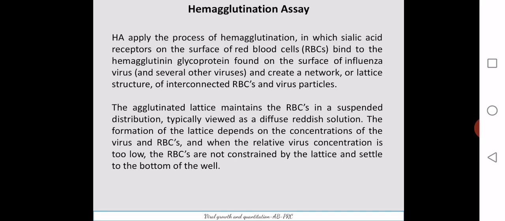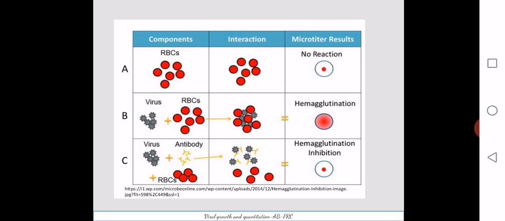Just like in the Widal test, how we detect a titer, here also you can detect a titer. A titer means the concentration of the virus up to which you can see a visible agglutination. This will give you an idea about that. If you have virus and RBCs, as in image B, you can see an agglutination. You can also go for an indirect method, that is the hemagglutination inhibition assay, in which the virus is given and also the viral specific antibody is given, and you observe for no agglutination. So in that case also you can go for the detection.